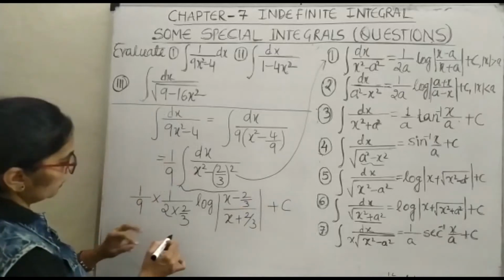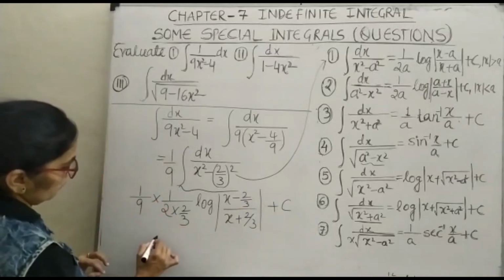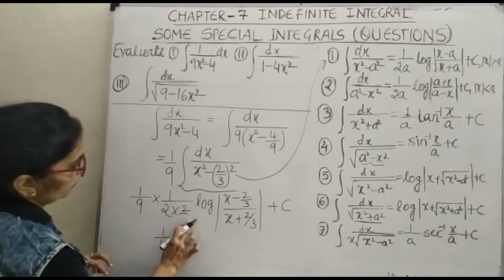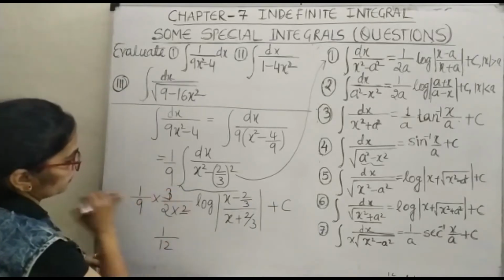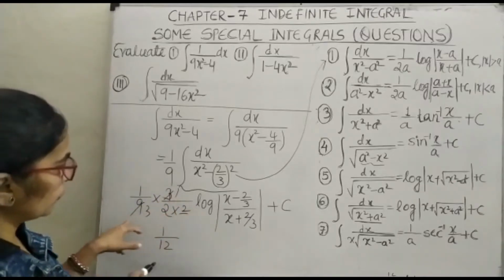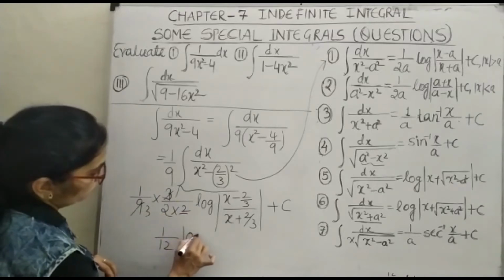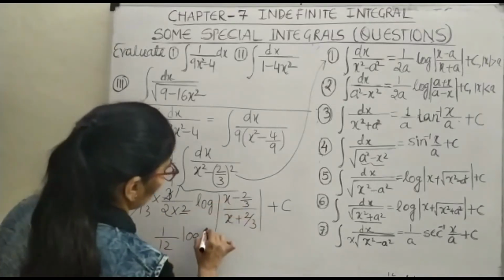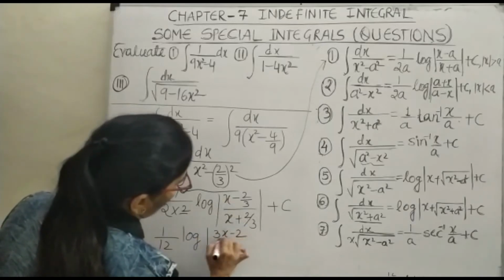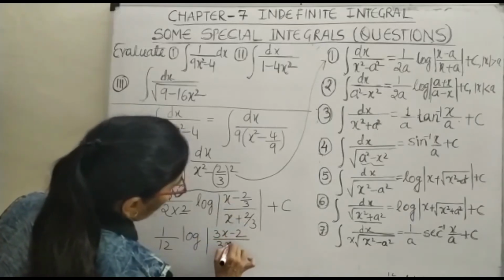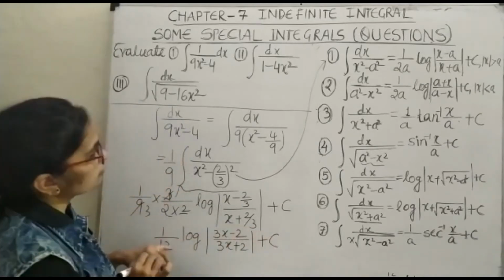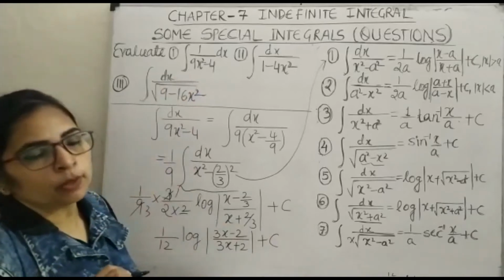Now you can see here this 3 will be here, so this is your 1 upon 12. ये 3 आपका यहाँ से नोमरेटर में शिफ्ट हो जाएगा. Then 3 1s are 3, 3 3s are 9, 2 2s are 4, 4 into 3 is 12, log 3x minus 2 upon 3x plus 2 plus c. So this is the answer for the given question number 1.